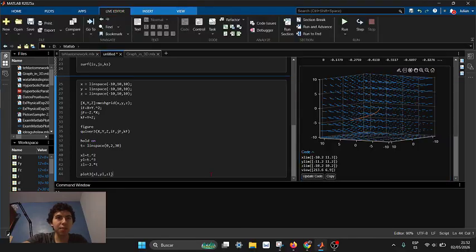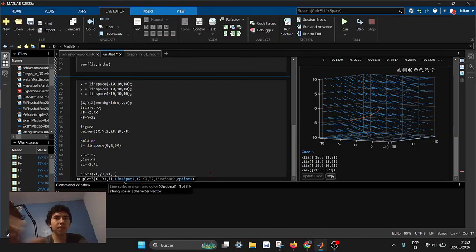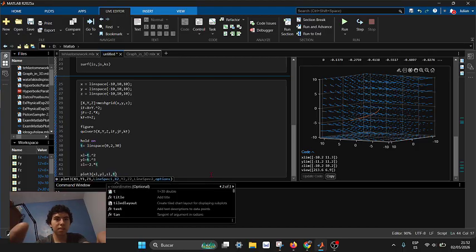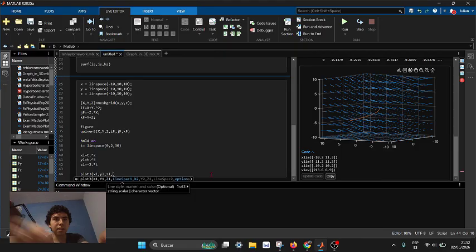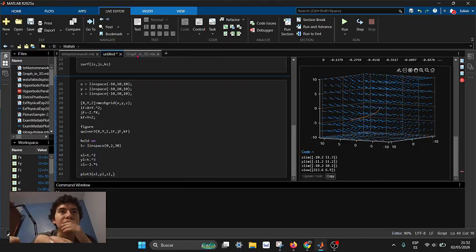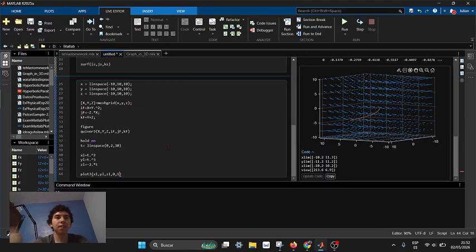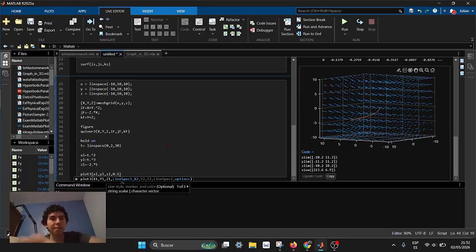We're going to make it a bit thicker. Let's see. How do I do line stuff? Wait, hold on. Let me see how you did this to make it a bit thicker. 0.2, is that it? Okay, let's try that. 0.5, I don't care.